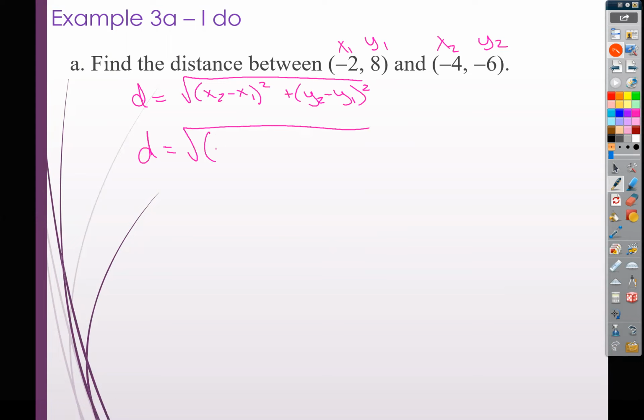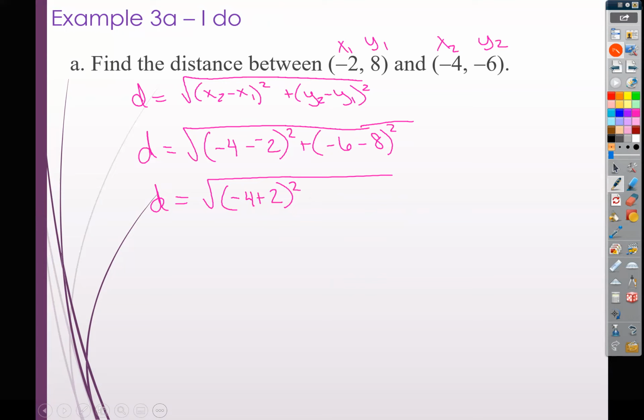Okay, so x2 minus x1 squared plus y2 minus y1 squared. Make sure that you're doing the correct order of operations, okay? So that would be -4 plus 2 squared plus -6 minus 8 is -14. -4 plus 2 is -2.